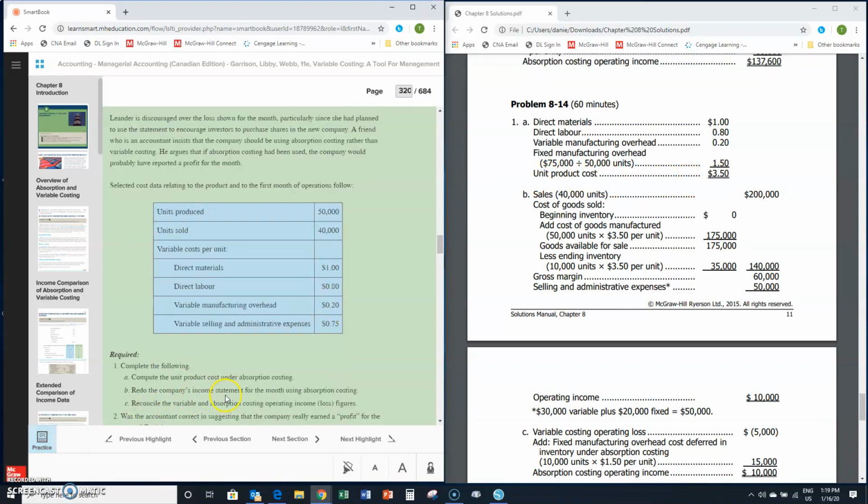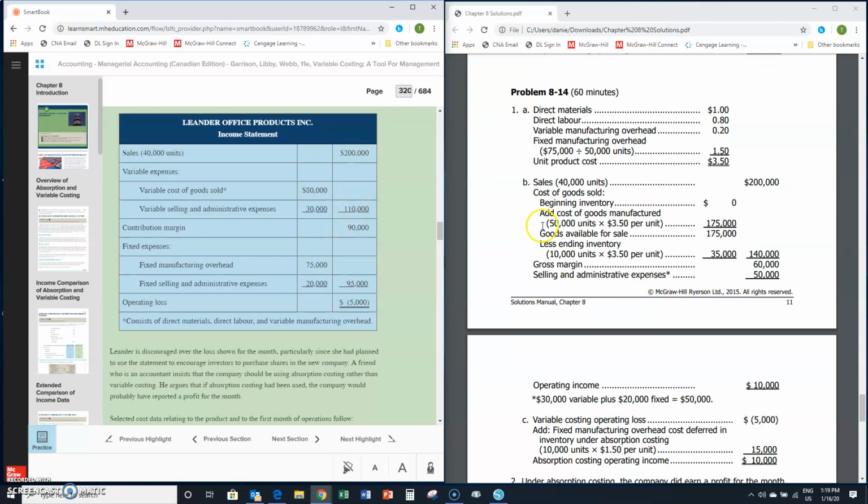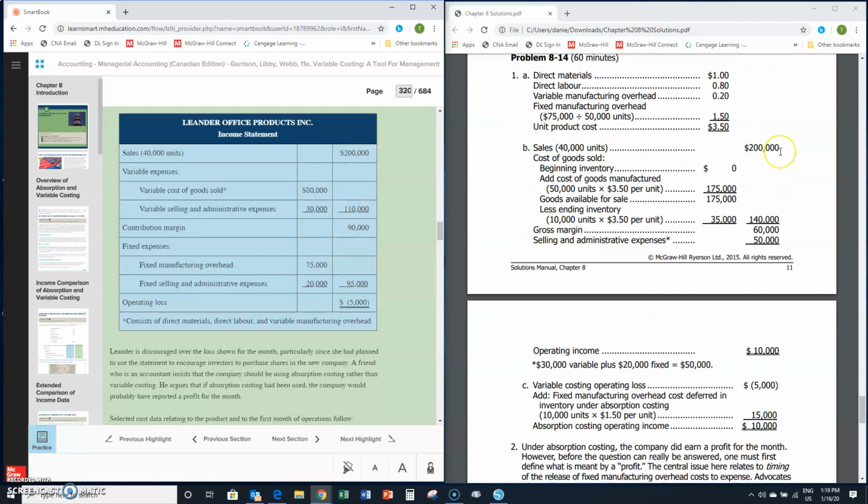Redo the company's income statement for the month using absorption costing. So let's bring up the statement that was already done. Okay, sales, no change. Now, instead of breaking the expenses out into variable expenses and fixed expenses, we're going to do our cost of goods sold. So beginning inventory 0, brand new company.